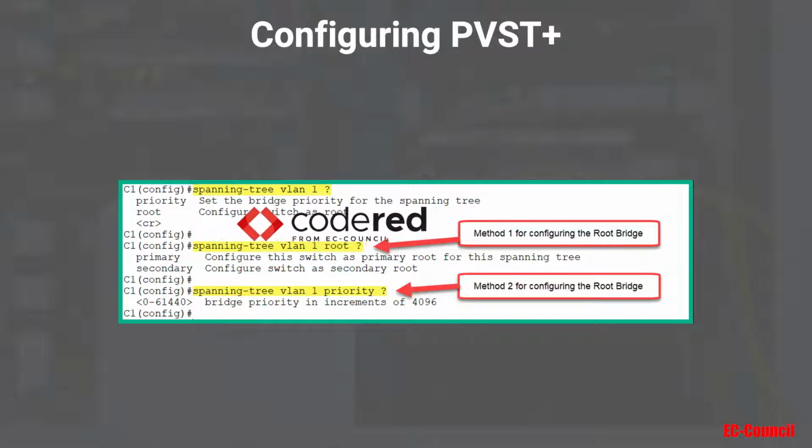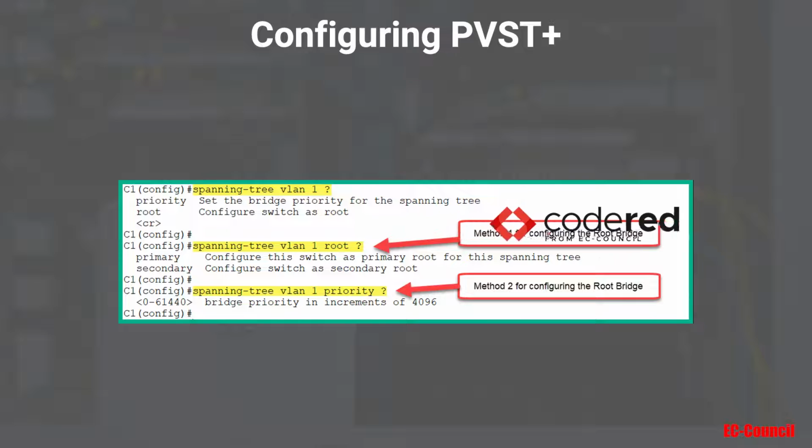We can say spanning-tree vlan 1 priority and actually set a value between 0 to 61,440, but those values must be in increments of 4096. So the second method, we can actually hard set the bridge priority value for us.